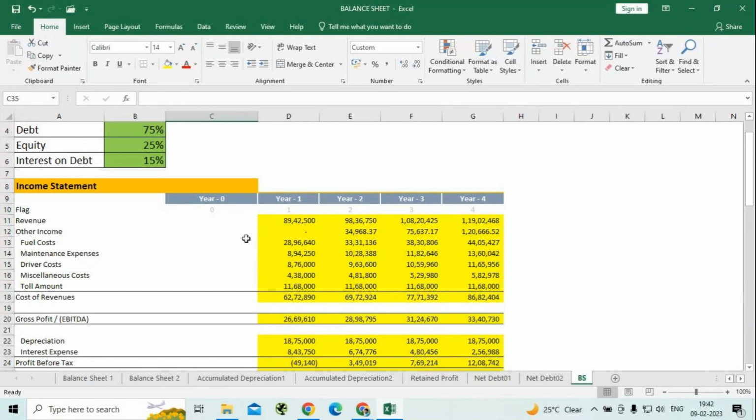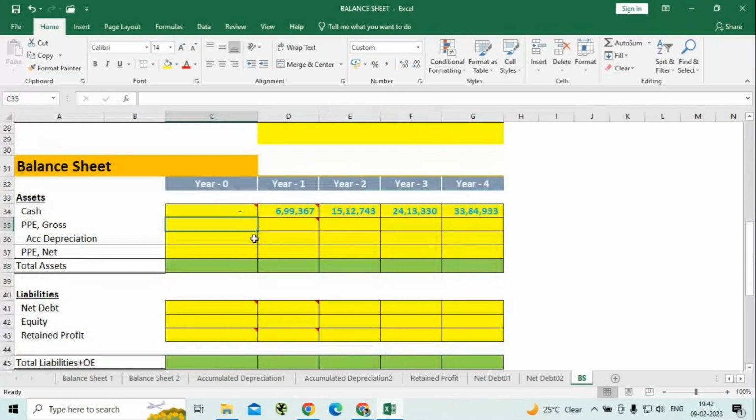So balance sheet, it is going to be like your report card, which will be having from the beginning to the end. Okay. So PPE gross. The cost of the asset is 75 lakhs. So this remains the same for all the years because there is no increment of asset in between.